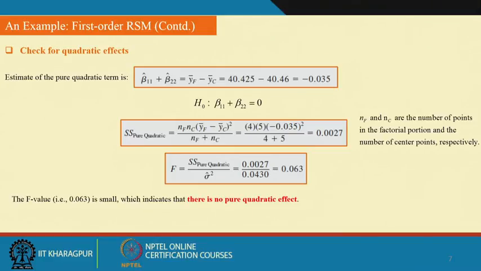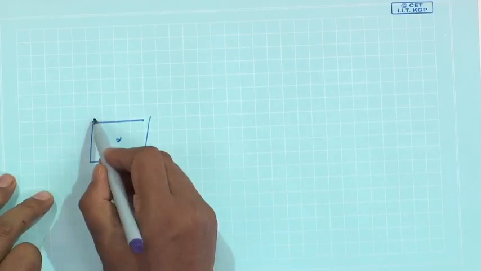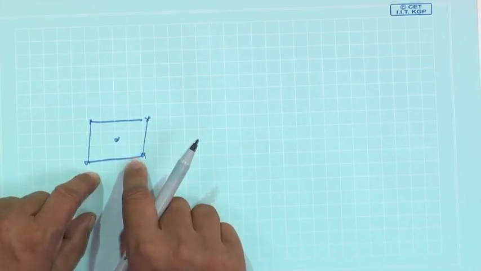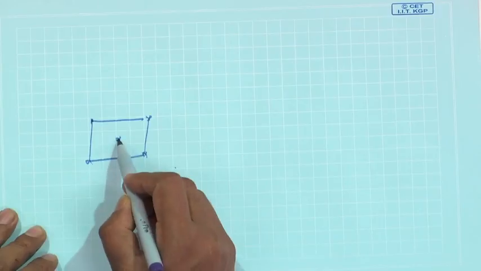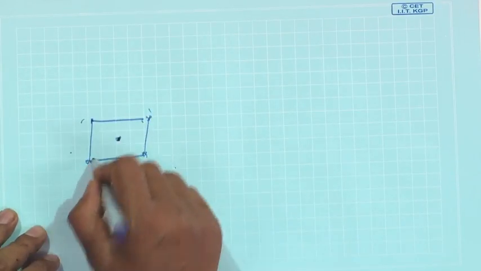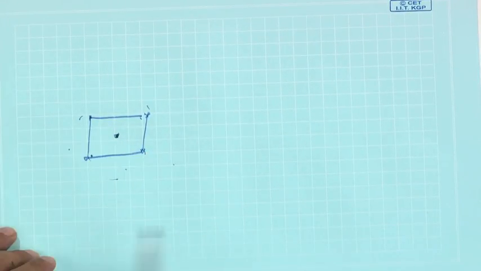Now, go to quadratic effect. If you recall, we have discussed that if there is a center point and if there is no quadratic effect, then when you develop the response surface, the average on the center points and the average at the corner factorial points will be the same, in the ideal case the difference will be 0.